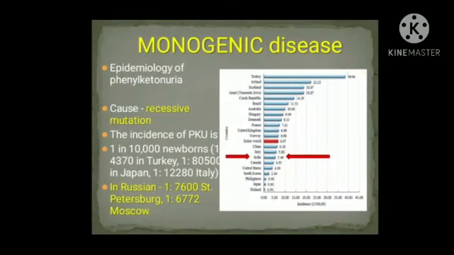If we return to the distribution of phenylketonuria in different countries, we can see the disease is more frequent when the population is closed and many families have marriages between cousins, and the disease is met seldom when such marriage does not happen in the country, culture or population.